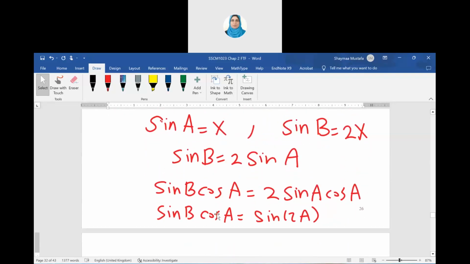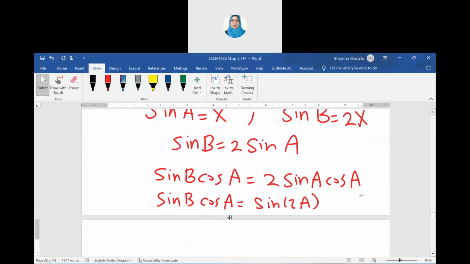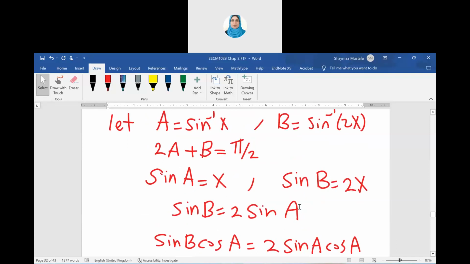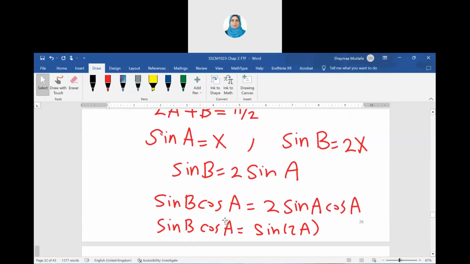If I can calculate cos a and sine 2a, we can solve this relation to find x. First, how can I calculate cos a? I have sine a equal to x, but I need cos a. How can we calculate cos a?